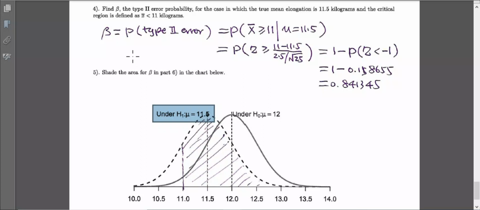Remember, the type 2 error is calculated under mu equals 11.5, which says the alternative is right, or we can say the null hypothesis is wrong. So we have to use this dashed curve, and x bar greater than 11, the cutoff point is 11, greater than is on the right. So that's why beta, the probability of committing type 2 error, is going to be this shaded part, okay? I put it this way, all right?